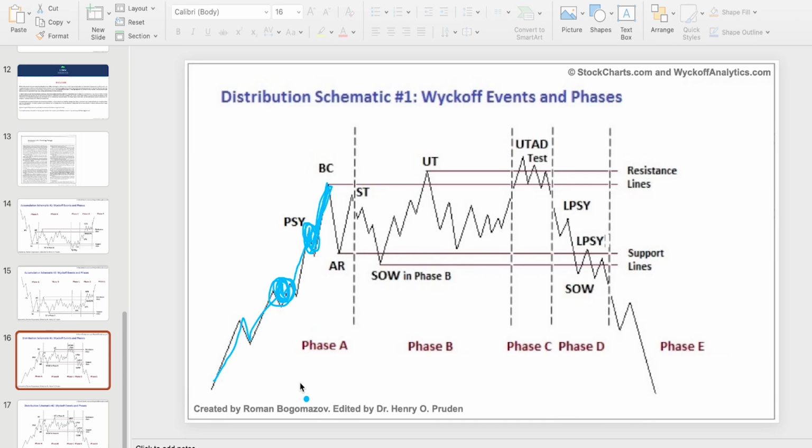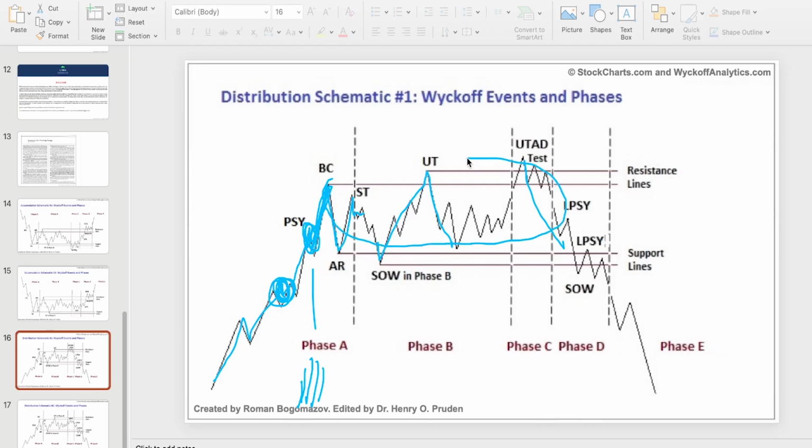That's when the volume signature is going to increase and supply is going to start coming in, and that's when strong hands start distributing the position they've accumulated. Weak hands keep buying, and strong hands keep selling into the strength of the weak hands.